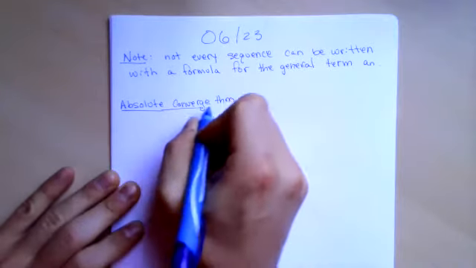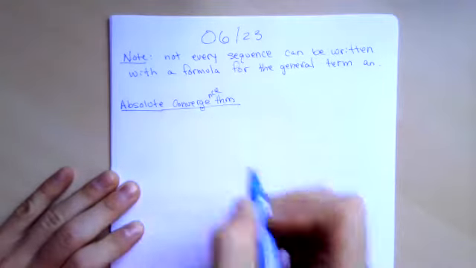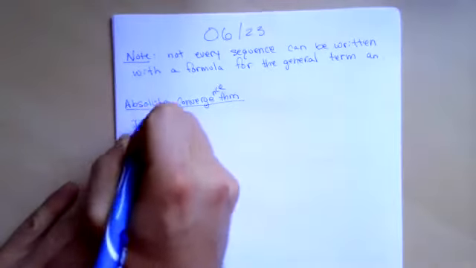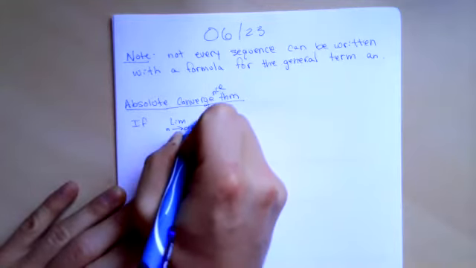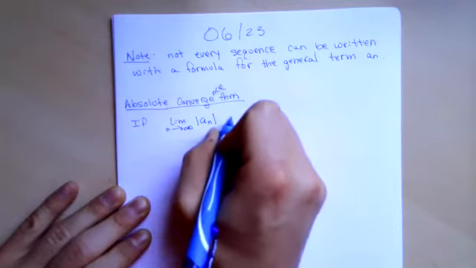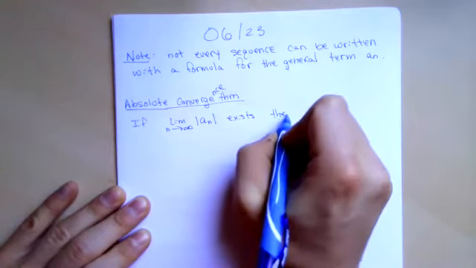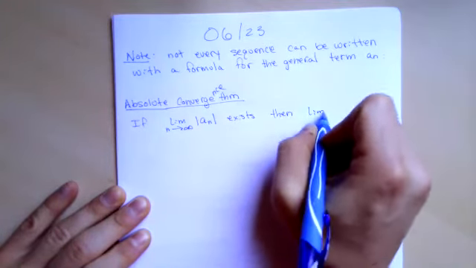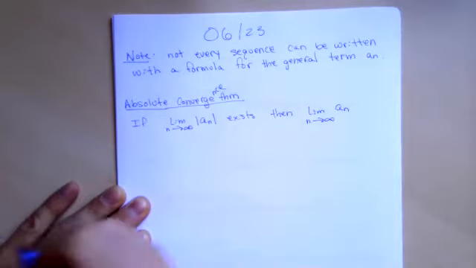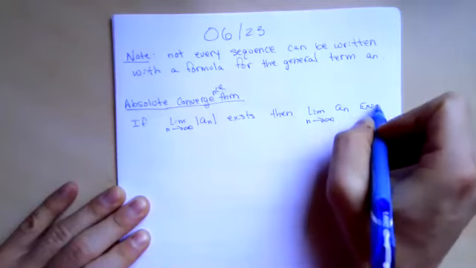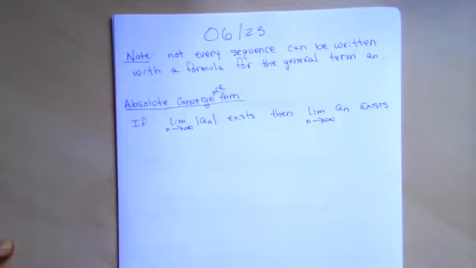Basically, it means if the limit as n goes to infinity of the absolute value of a sequence exists, then the limit as n goes to infinity of the general term exists. This is useful for dealing with alternating sequences.